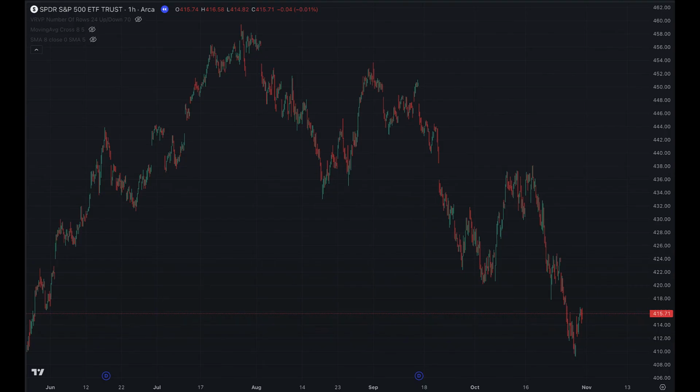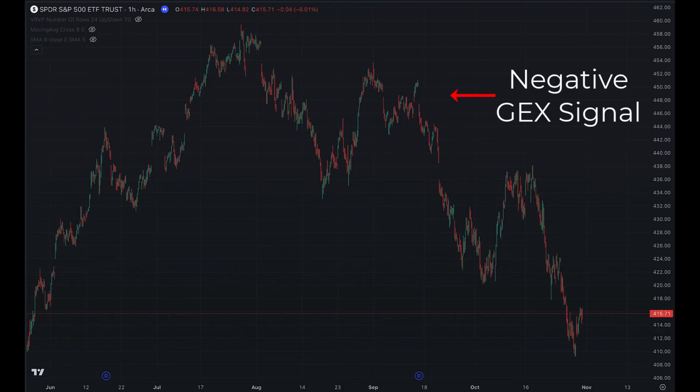One example I just want to point out that we discussed quite frequently in Discord throughout the month of September: we were looking for a potential short entry point, and we got the signal during the September OPEX on Friday and Monday. We noticed that gamma flipped strongly negative across many of the indices and ETFs that we track. And that was our signal to start entering short positions.